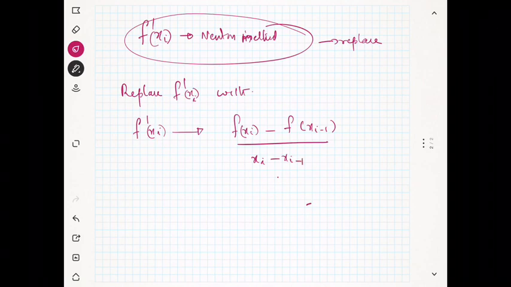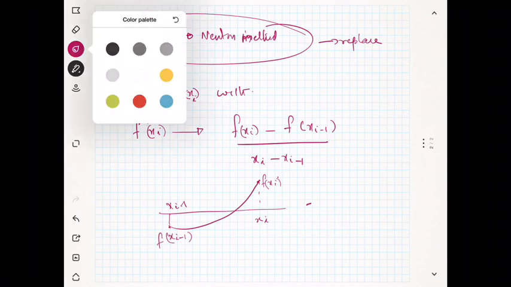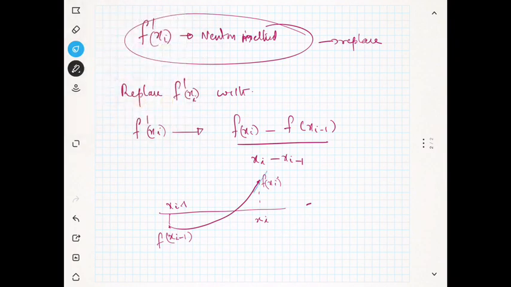That means if you have a function like this, this is x_{i-1} with f of x_{i-1}, and this is x_i with f of x_i. Whenever you consider Newton's method, you find the slope at x_i, and that gives the next point.